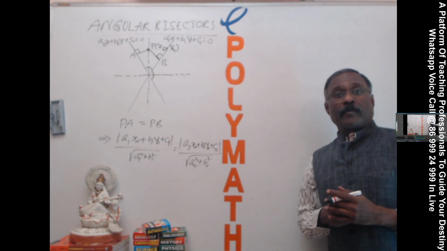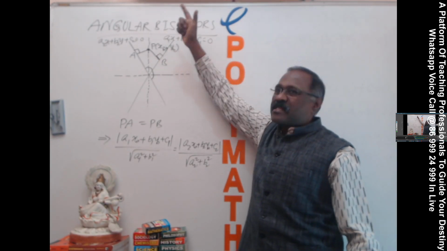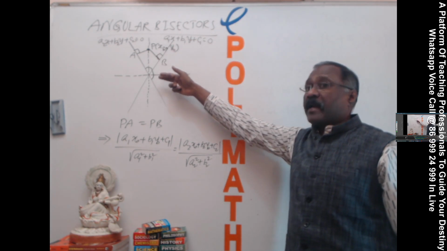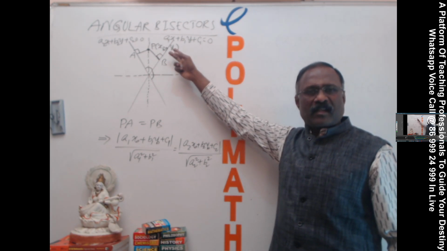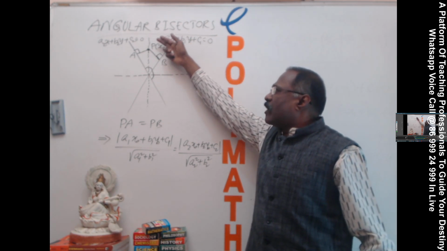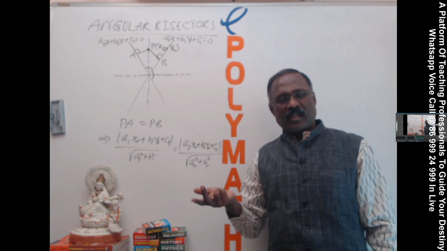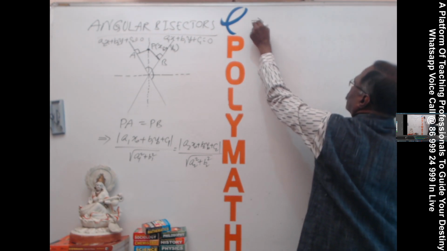Now this is to be converted into the locus, because we have written it for a particular point x naught y naught, but this should be generally expressed. So you have to make this x naught y naught every point on the angular bisector, which is nothing but the general form. Convert x naught y naught as xy.